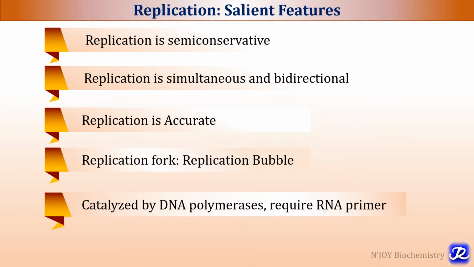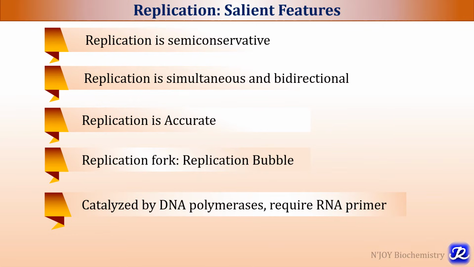This process of replication is catalyzed by DNA polymerases 3 and 1, but these DNA polymerases require an RNA primer, which is synthesized by the enzyme primase, without which DNA cannot polymerize or replicate. So these are the various salient features.